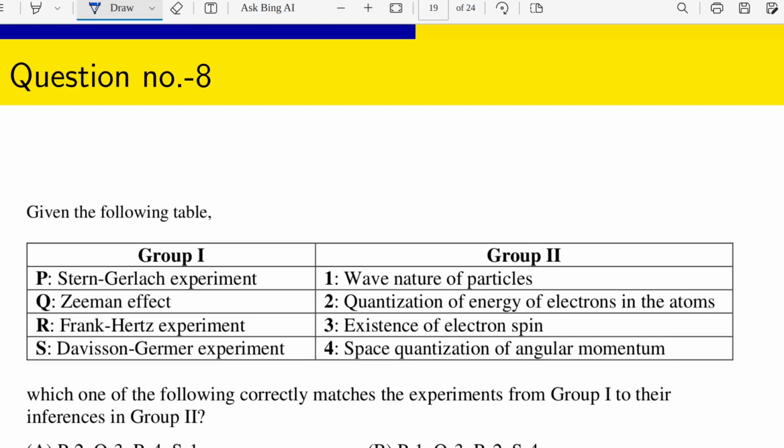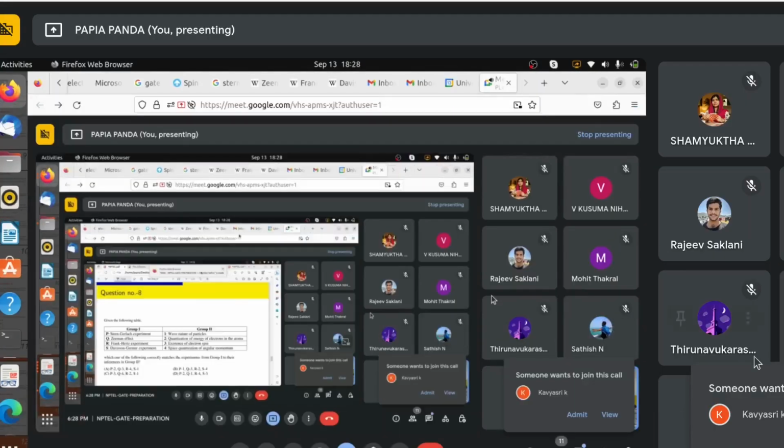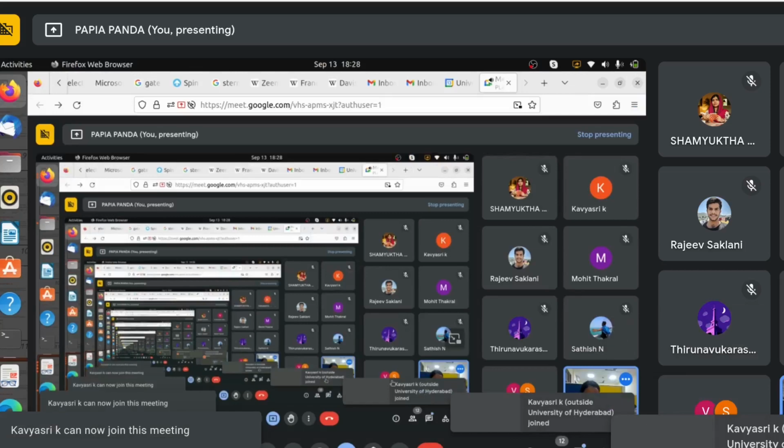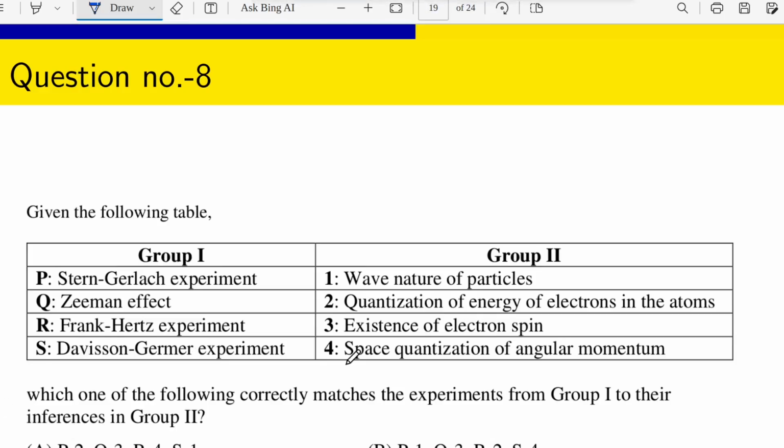Now coming to the next question. Given the following table, group 1 and group 2, there is basically a table with 4 experiments on the left hand side, and on the right hand side are nothing but the results of those experiments, the main output of each experiment.